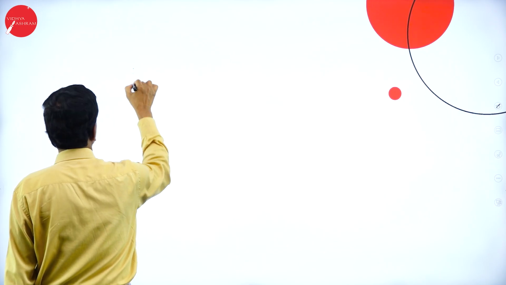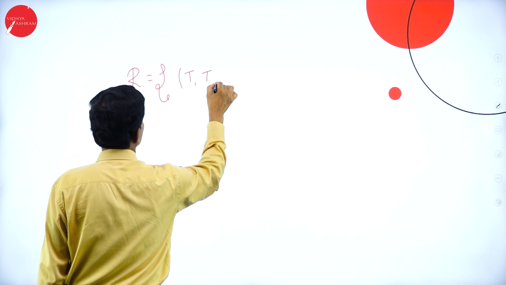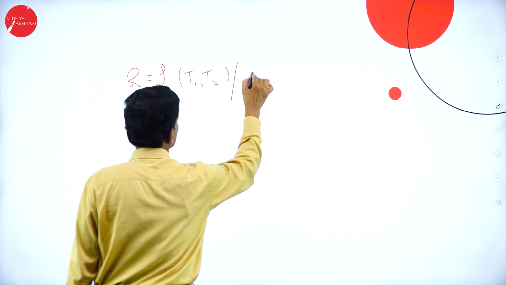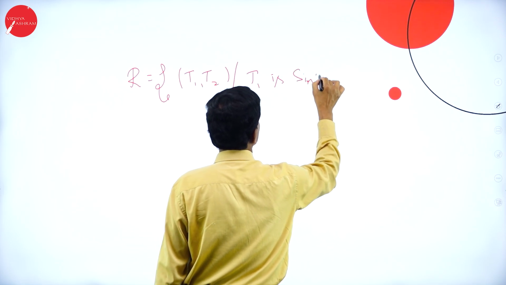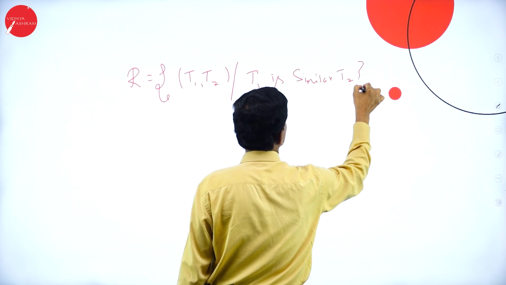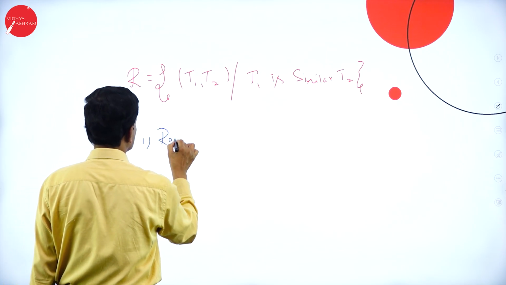On the set of triangles, a relation is defined by R = {(T1, T2) such that T1 is similar to T2}. Now let us come to the first property, reflexive.